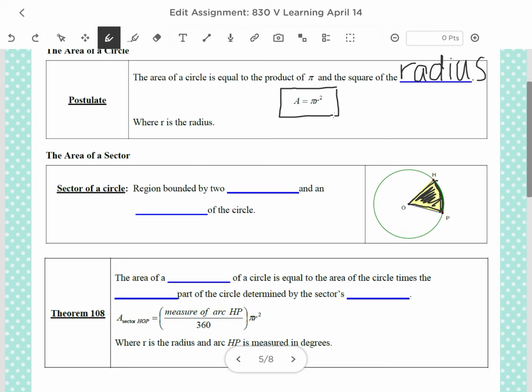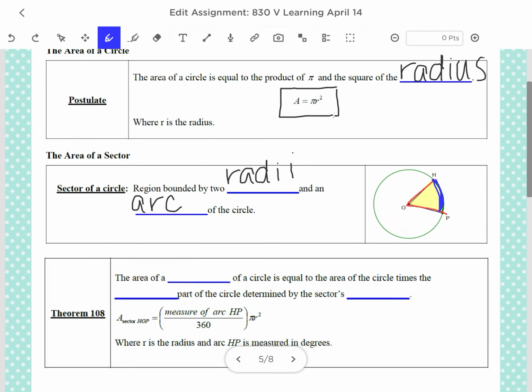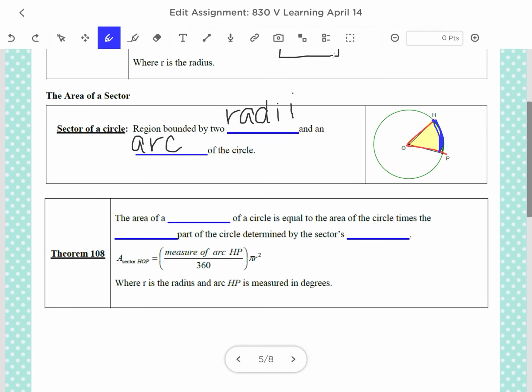Okay, so a sector is a region that is bound by two radii and an arc of the circle. Looking at the picture here on the right side, you've got the radii, which are these two pieces, and then you've got the arc. In this case, the arc is HP.